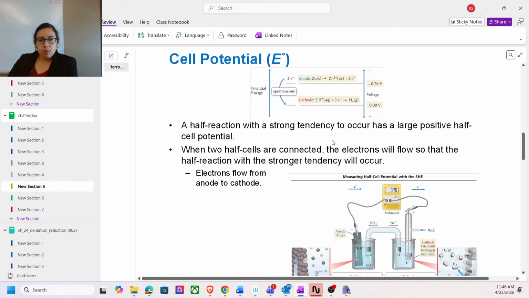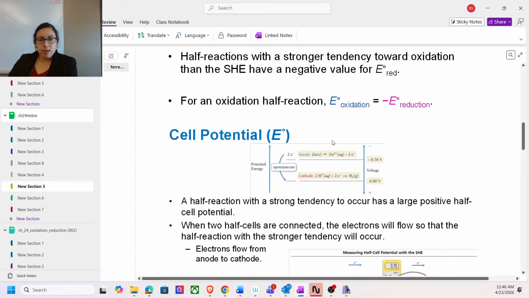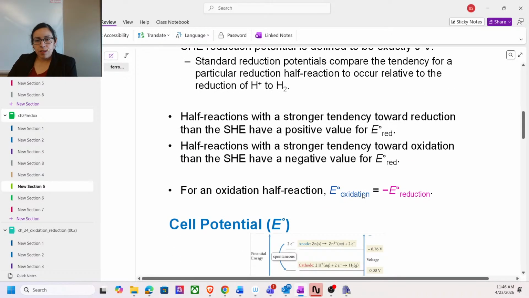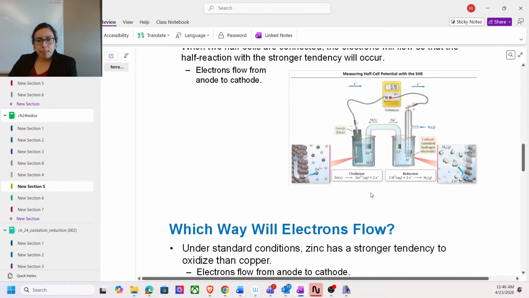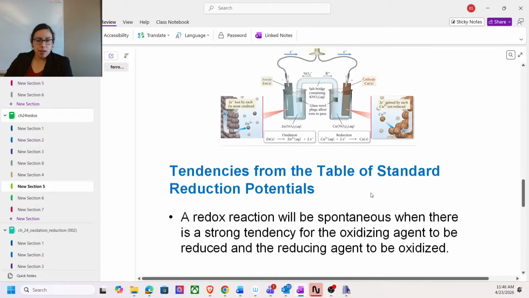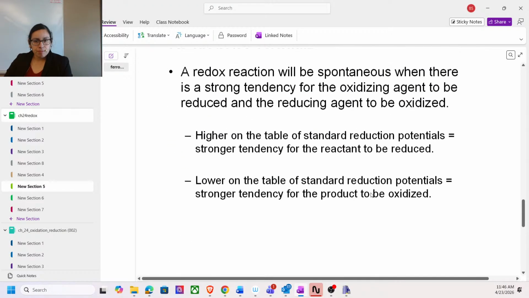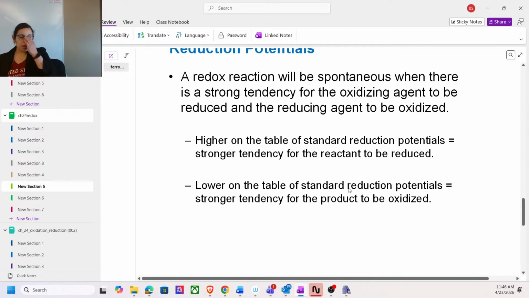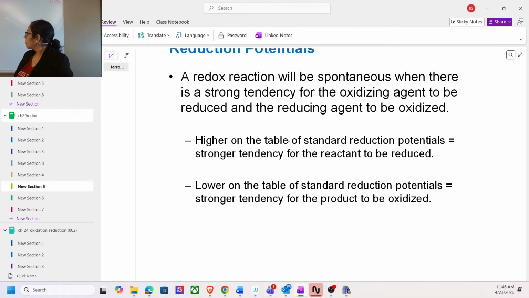And so we'll go over this in more detail. And so just solving our cell potentials. I don't like these equations. I just like adding them in the way they are reacting. And then again, we'll go over this again in 25.